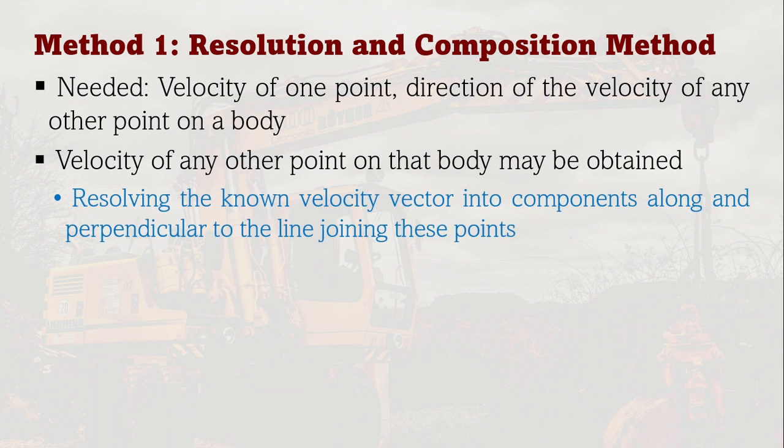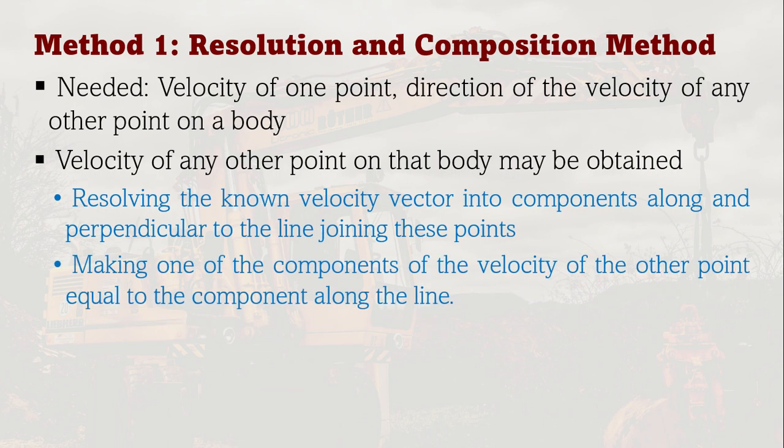It can be done by resolving the known velocity vector into components. So that's why it's composition method, because we are going to resolve it into components along and perpendicular to the line joining the 2 points, and making one of the components of the velocity of the other point equal to the component along that line joining them.